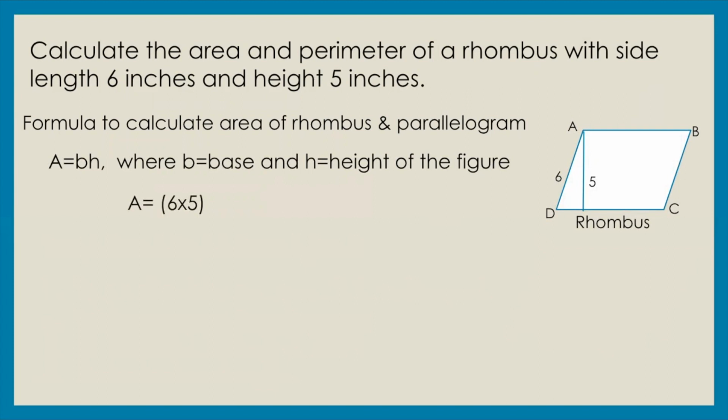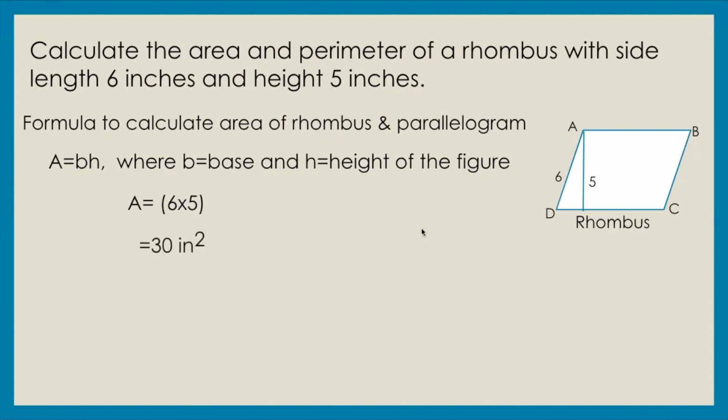So all sides are equal, so the base is also 6 inches. And height, remember this, always in geometry, height is from top to the base, which makes a 90 degree. So that is height. These slanted sides are never height. Height is from top to the base, making a 90 degree with the base.